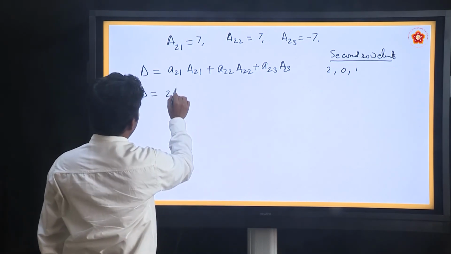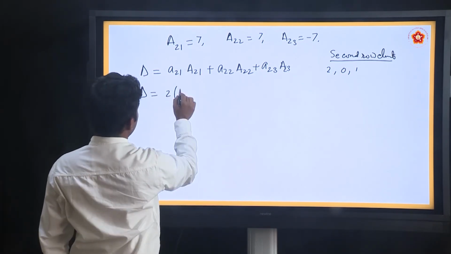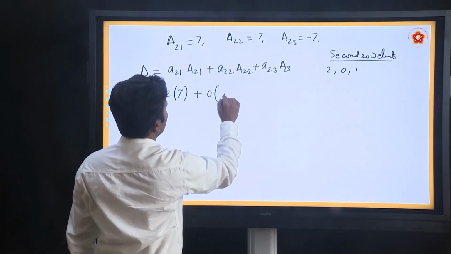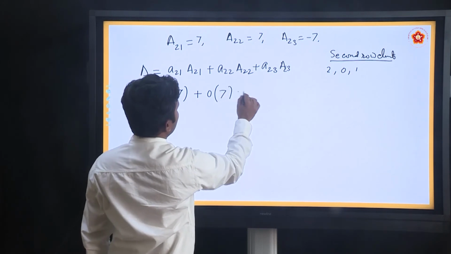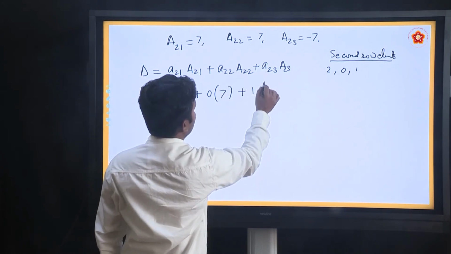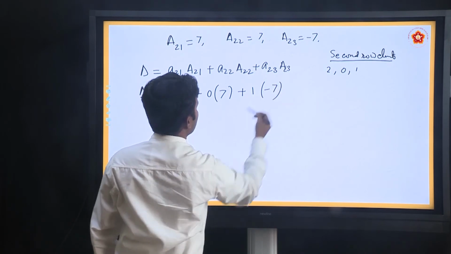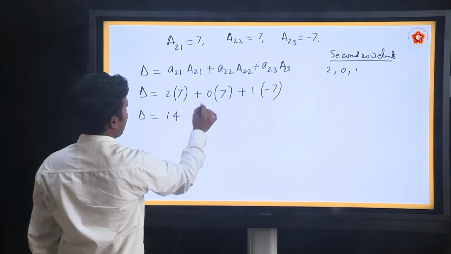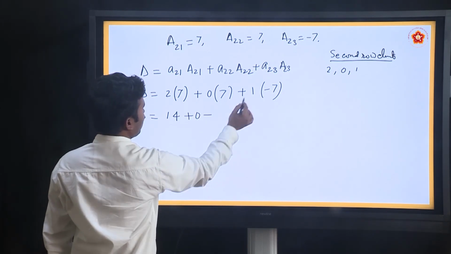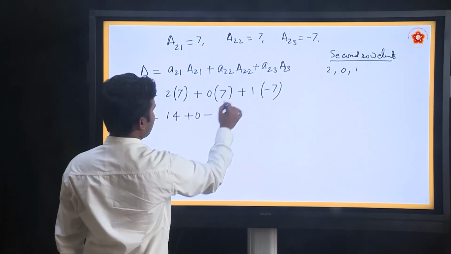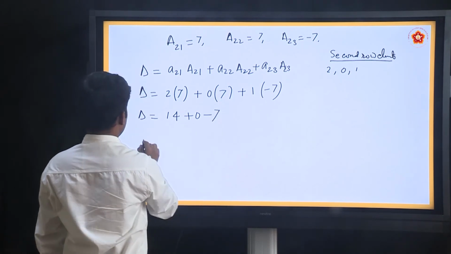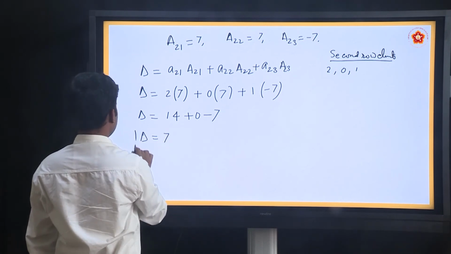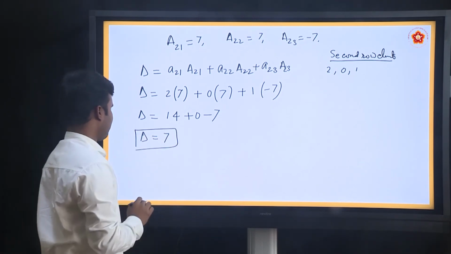It is 2, and the cofactor A21 is 7, plus a22 is 0, and A22 is 7, plus a23 is 1, and A23 is minus 7. Fine. So, delta is equal to 2 into 7 is 14 and 0 into 7 is 0, and 1 into minus 7 is minus 7. So, what is the answer? Delta is equal to 14 minus 7 is 7. This is the value of that determinant.